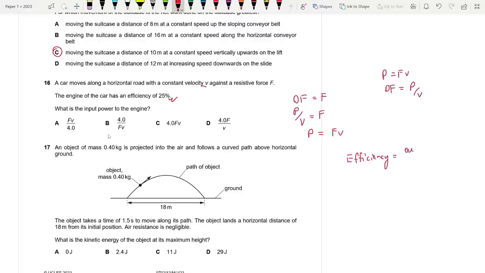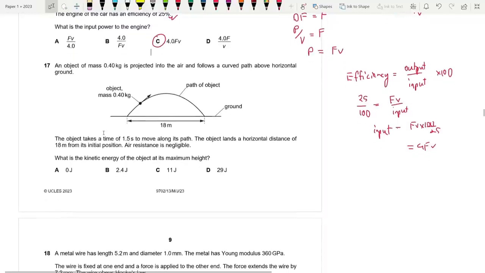It is equal to useful output by input into 100%. So we know that the efficiency is 25%. So 25 by 100 is equal to the output power, which is Fv, and we don't know the input. So input equals Fv into 100 by 25, which is 4 times Fv actually. So 16 is C, 4 times Fv.